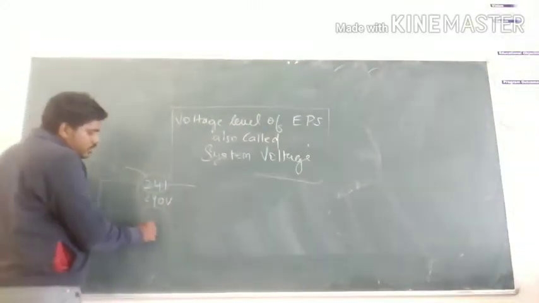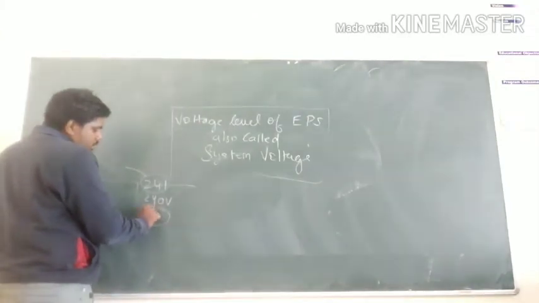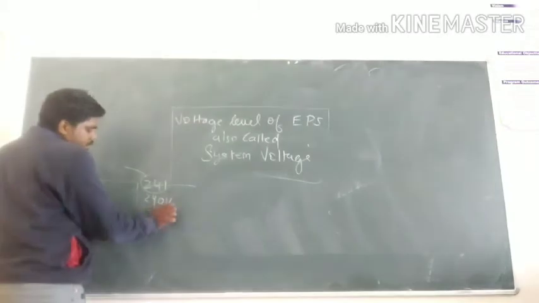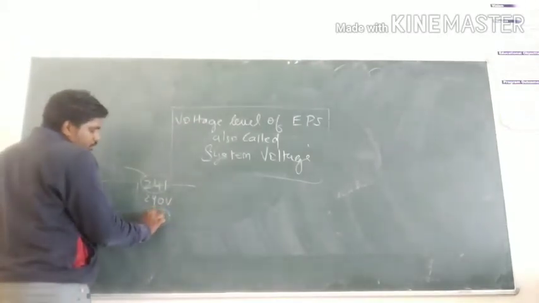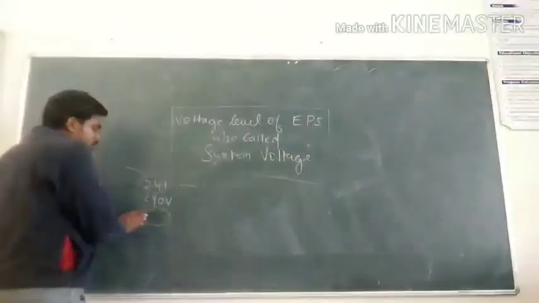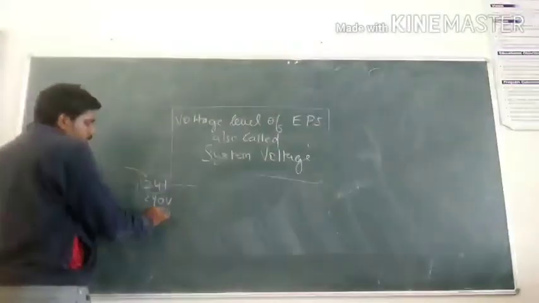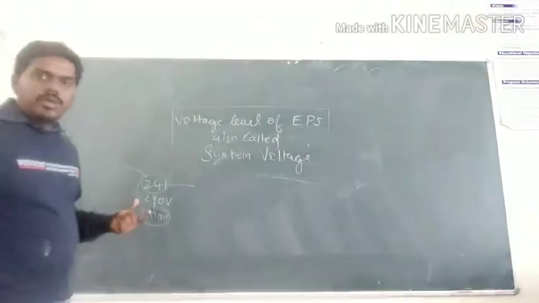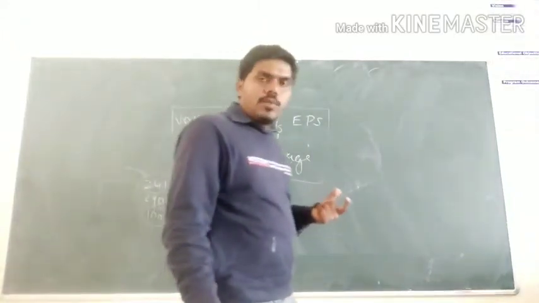You also cannot give a much lower voltage. Let's suppose 220 volt. If you give 220 volt, it can operate. But if you give a very low voltage, let's suppose 100 volt, then it cannot operate. It will stop working.